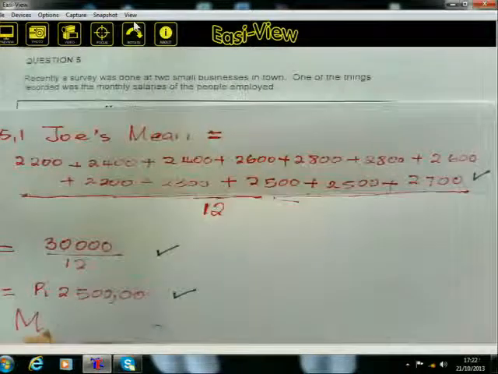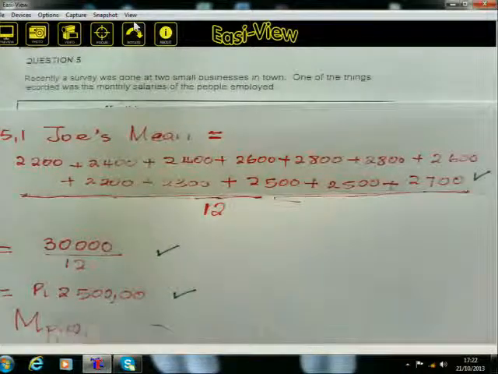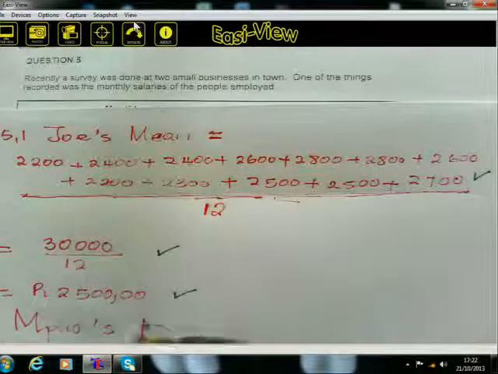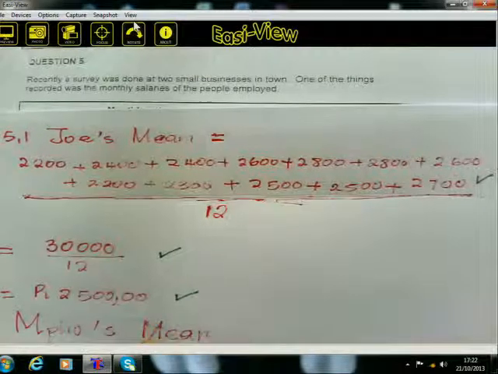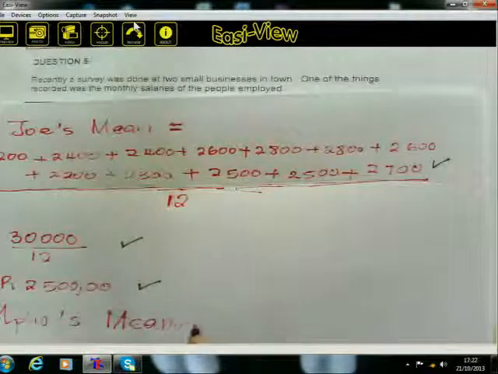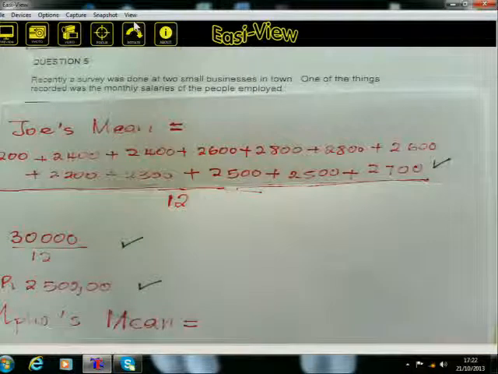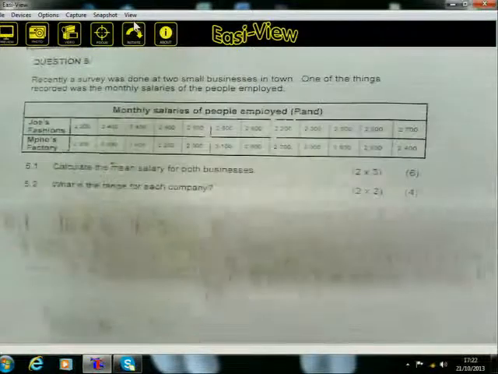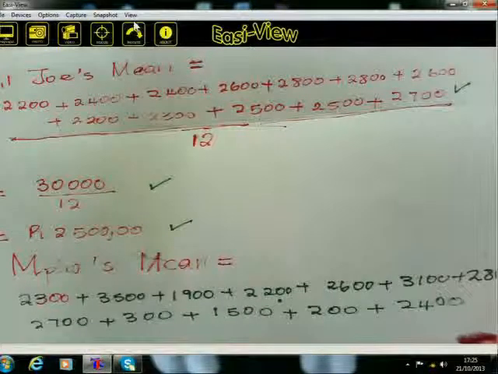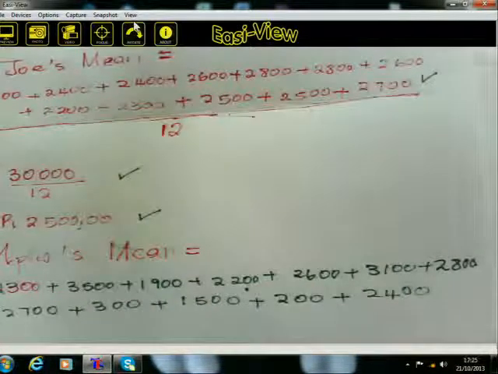Then you have to calculate Mpho's mean. We'll say is equals to, let us do quickly to save time. Okay, there were 11.